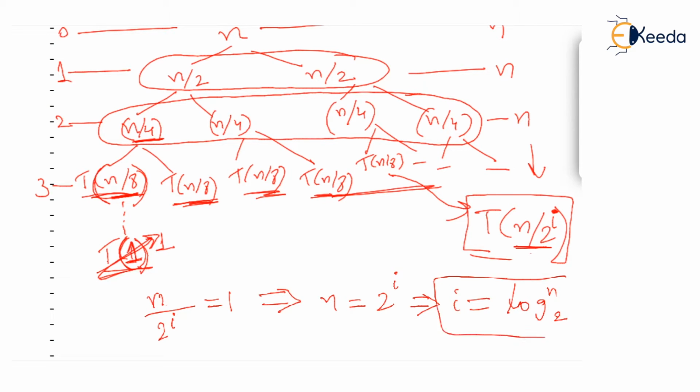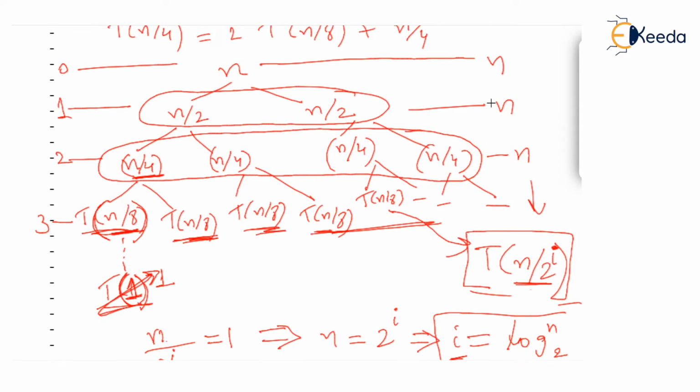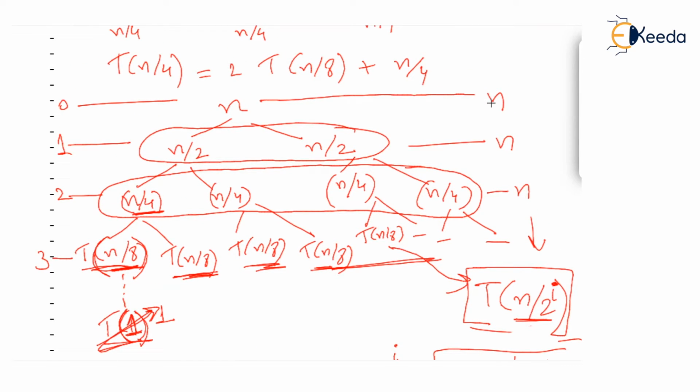But what is i? i is the level number. That means the number of levels that this tree will have till we reach T1. This is what we want to reach, isn't it? T1. The number of levels that the tree will have is exactly log of n to the base 2.